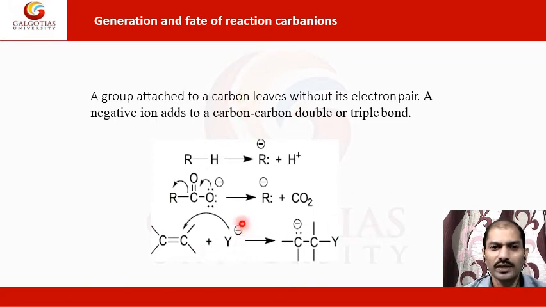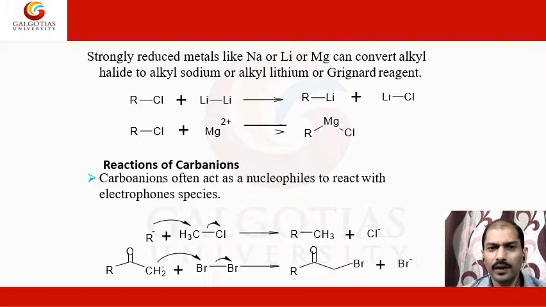Likewise here you can see, if any negative or nucleophile kind of group is attacking a particular carbon, the electron will shift towards this carbon. So this will also make a carbanion species, which is this carbon. Here you can see there are many more examples for this, like alkyl chlorides in reaction with lithium and with magnesium.